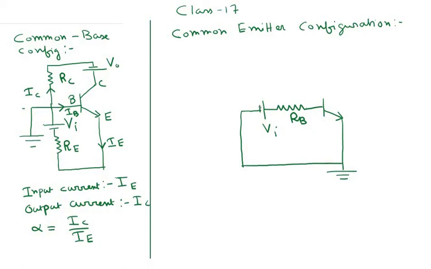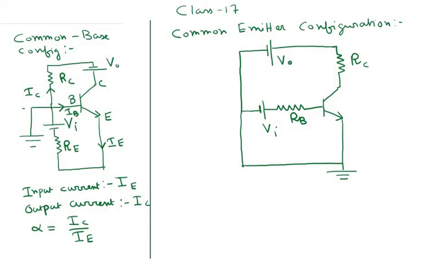And this emitter is also connected to the collector via a voltage source and a resistor. So there is this collector here, RC V0. Okay, and the emitter is grounded.